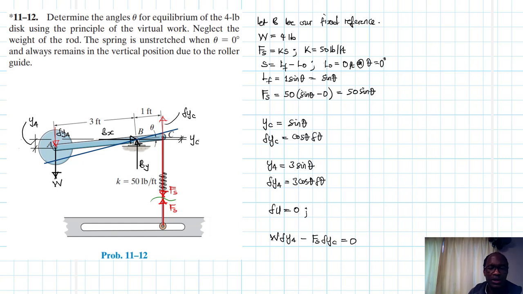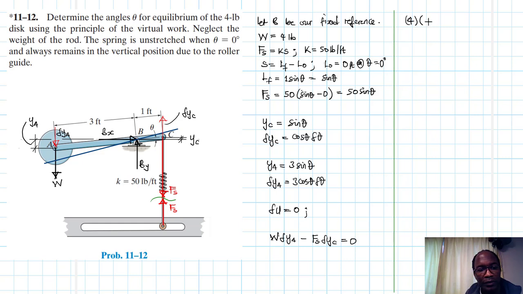So let's replace the values, this del YC and values of the forces. So W, we said, is given as 4. W is 4. And then we have del YA.